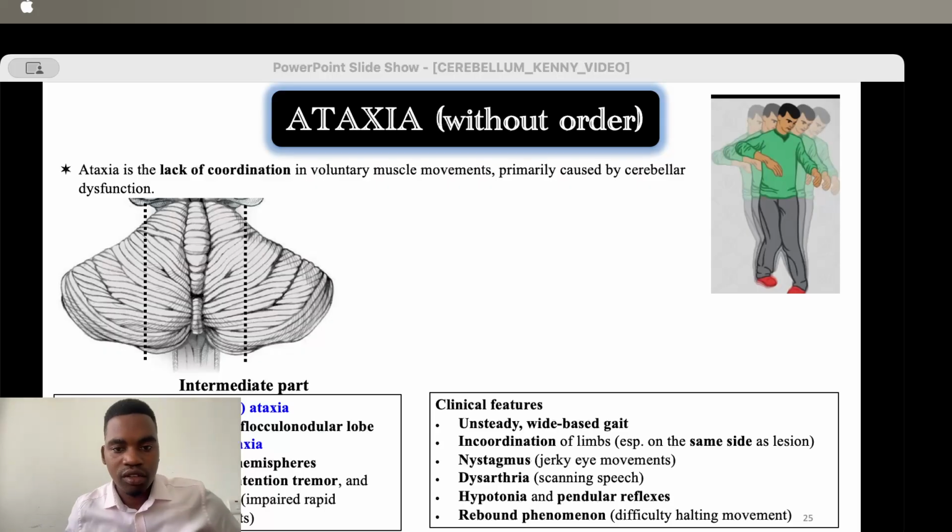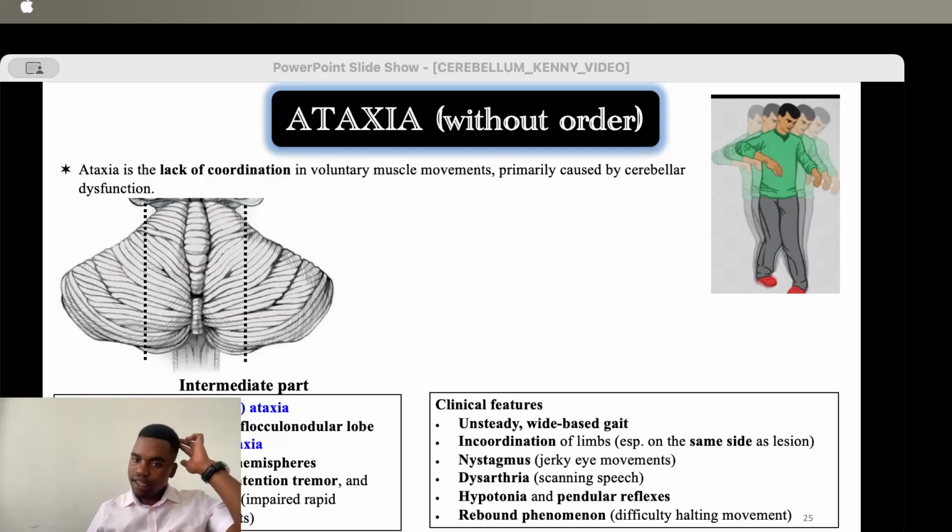And limb is divided into two components: the proximal limb muscles and the distal limb muscles. The proximal limb muscles will be coordinated by the vermis, and the distal limb muscles will be controlled by the intermediate zone. So it depends. That's in general what ataxia is, and these are the clinical features of someone with ataxia.